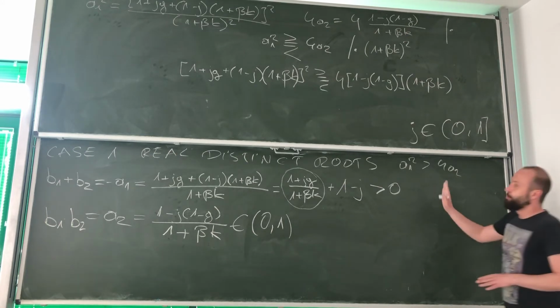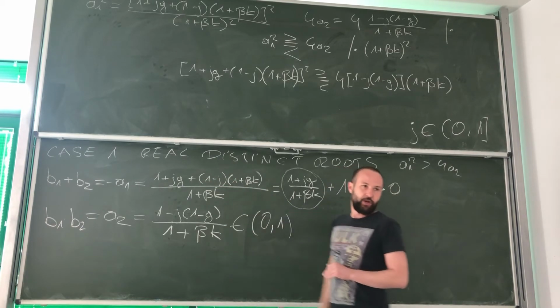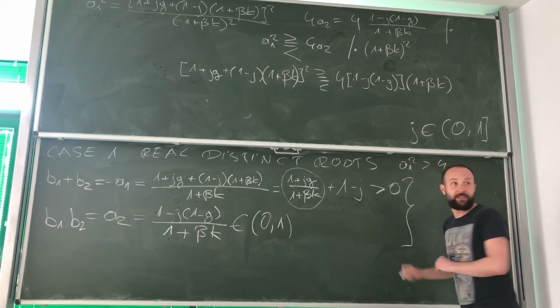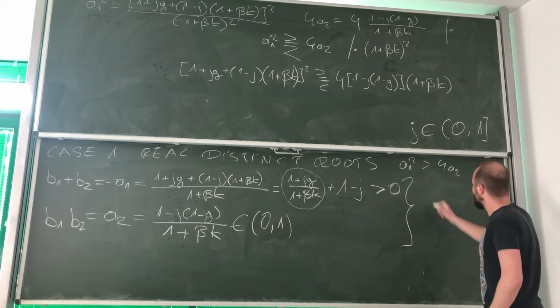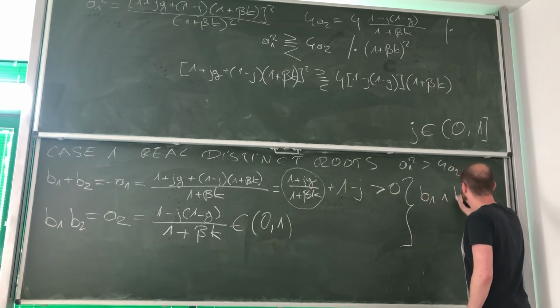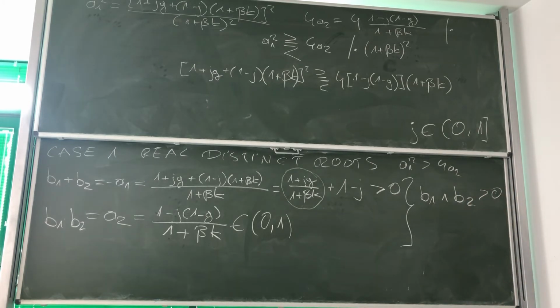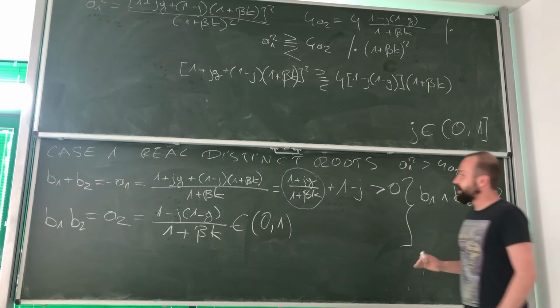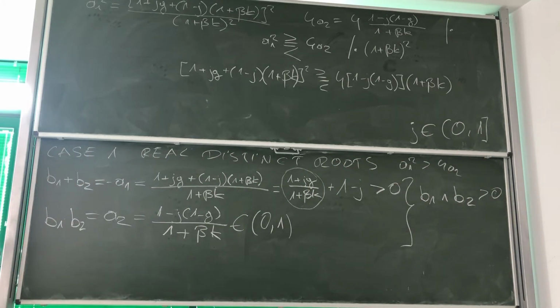However, look, because both the sum and the product of the two are positive, we can clearly establish that both B1 and B2 are bigger than 0. Okay, so what we've established for now is that they are bigger than 0.